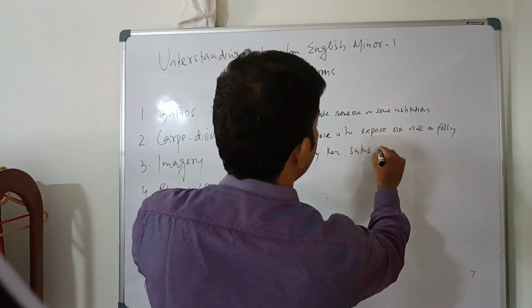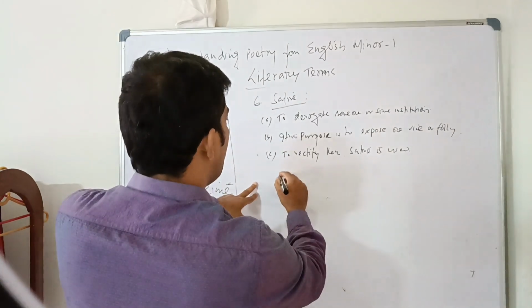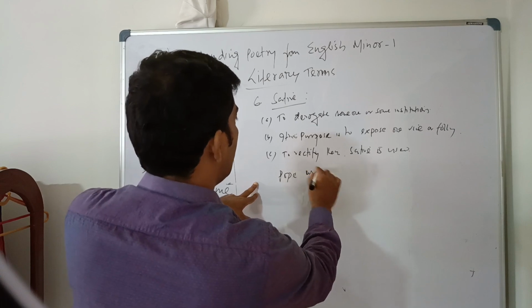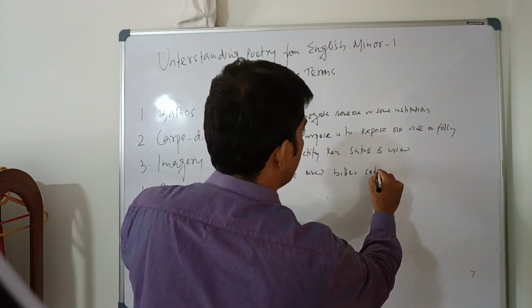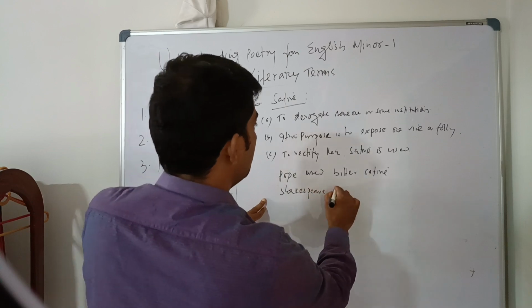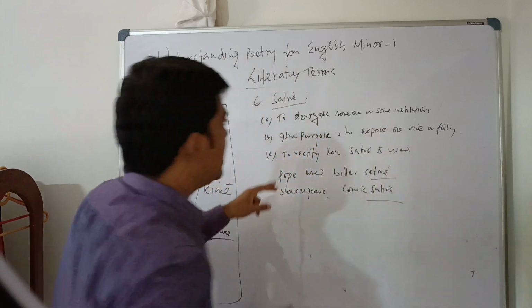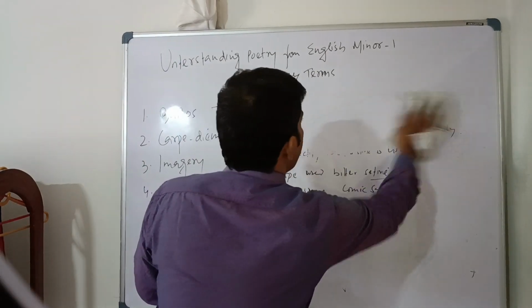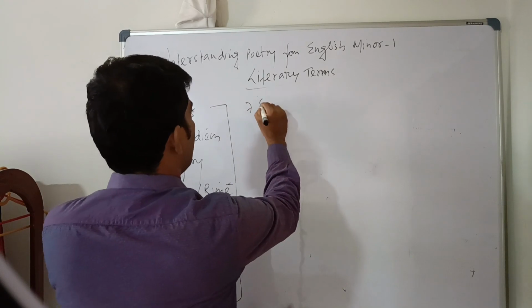Pope, Alexander Pope used bitter satire, where Shakespeare used comic satire. So these are the features of satire, and now we move into the next part of the lecture, that is symbol.